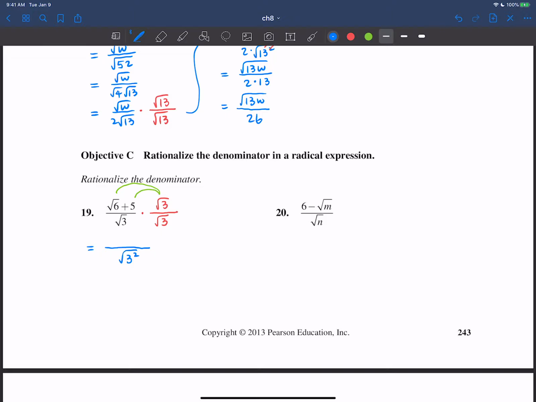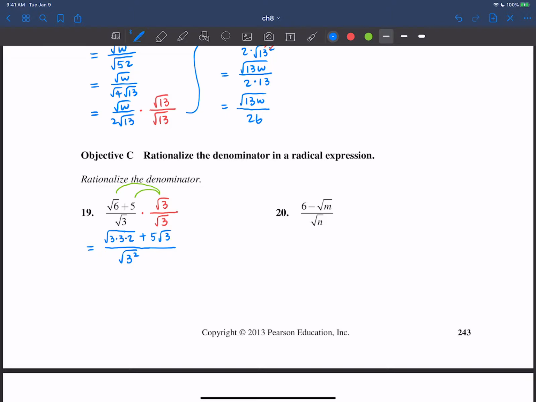If I distribute radical 3, I will have radical 18. Or why don't I rewrite that 6 times 3 as 3 times 3 times 2 plus 5 radical 3. So I rewrite 6 as 3 times 2.